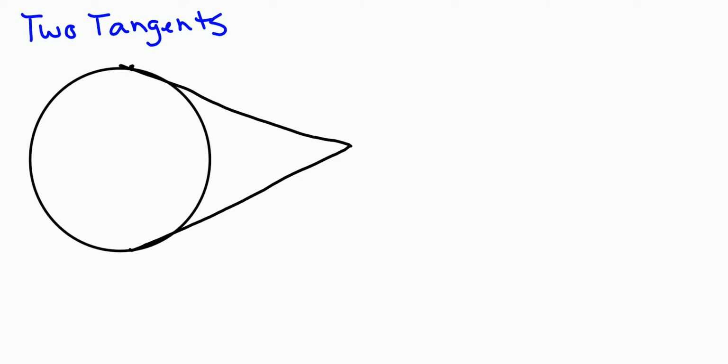This will be point A, point B, and point C. The two intercepting arcs would be from here to here on this side, and from this point to this point on this side. Both of these arcs together should form 360 degrees because it's the entire circle.